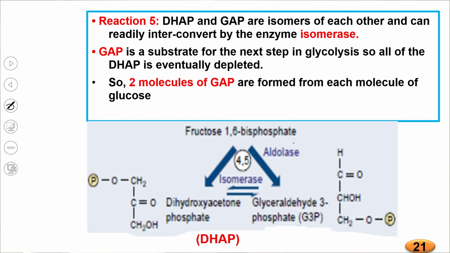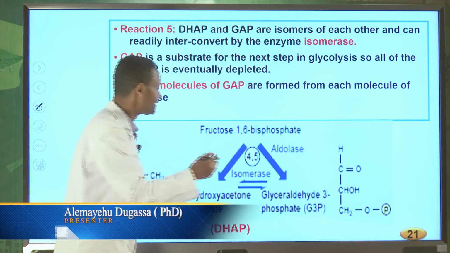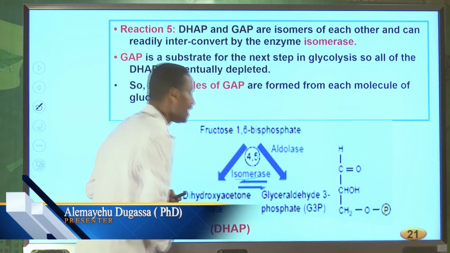Therefore, in reaction 5, dihydroxyacetone phosphate is isomerized into glyceraldehyde 3-phosphate, and the reaction is catalyzed by the enzyme isomerase.